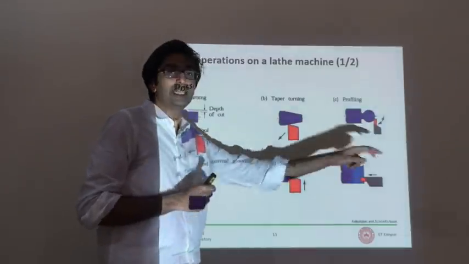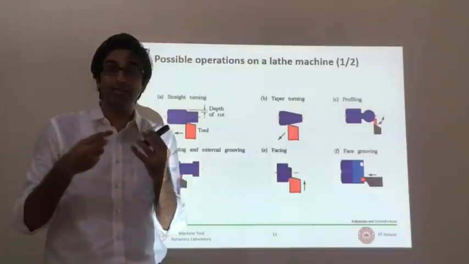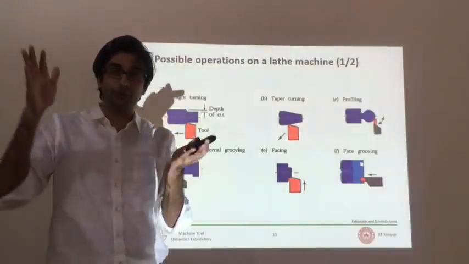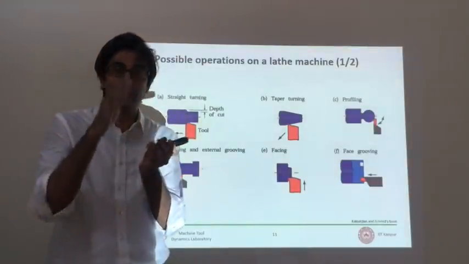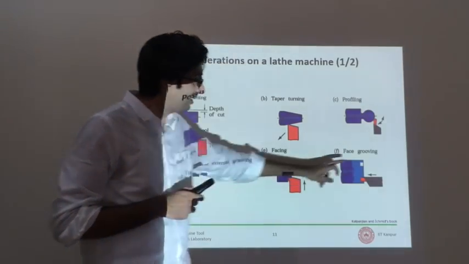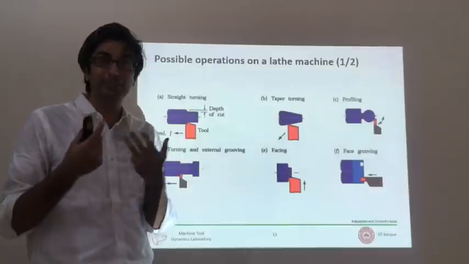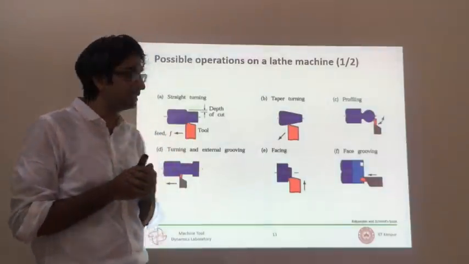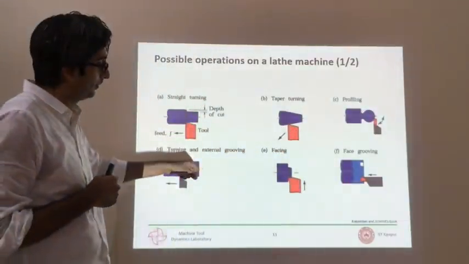These grooves are necessary when you want to make grooves to house O-rings or seals, which are necessary when you have two mating surfaces which come into contact and you don't want anything to spill out if there is oil between those two. So these are typically used in all mating surface applications and rotating applications where you have seals and O-rings and things like that. So that's also a necessary operation. It's possible on the lathe machine.